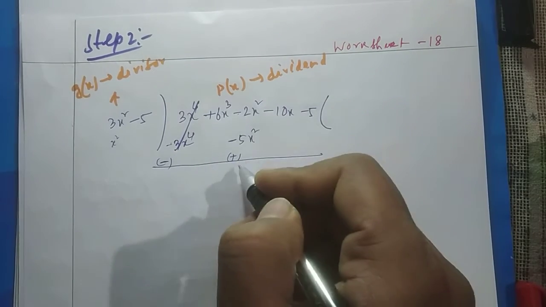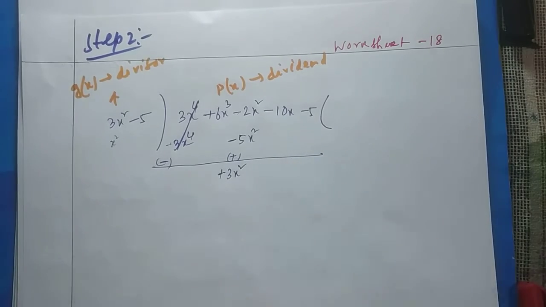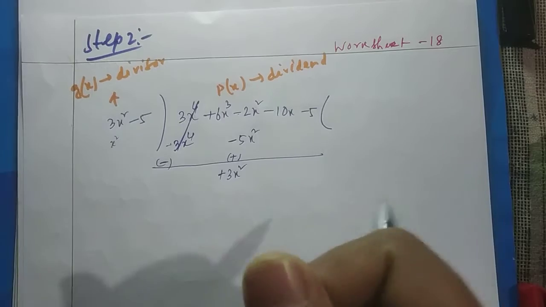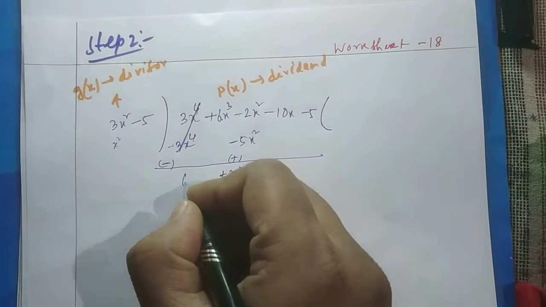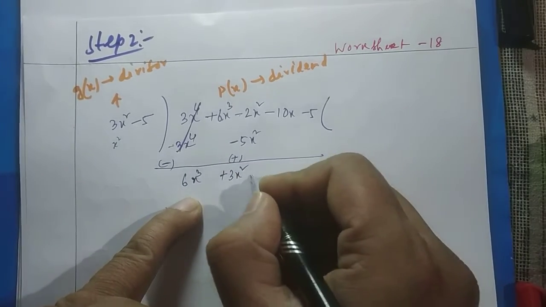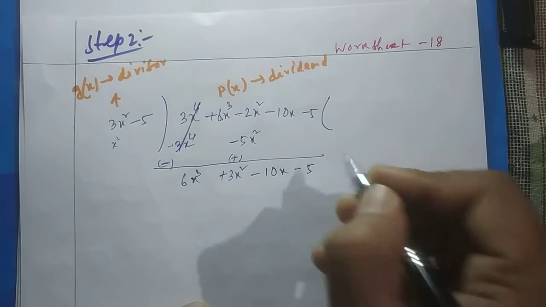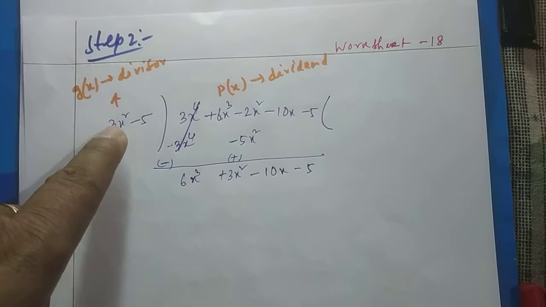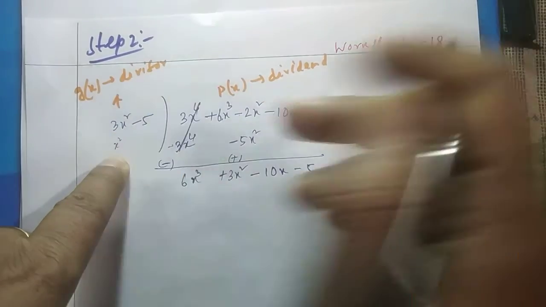Minus 2x square plus 5x square will become plus 3x square. The remaining terms will come out without any change: plus 6x cube, minus 10x as it is, minus 5 as it is. Correct? Since we have multiplied the divisor with x square, you have to put this x square in the quotient.